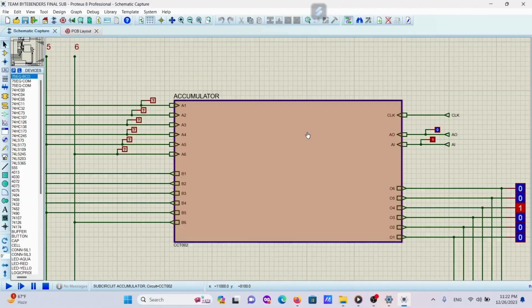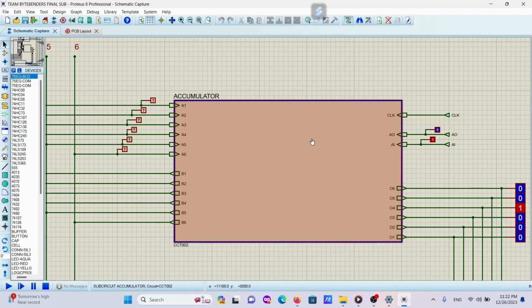Right now, let's understand the schematic design of the accumulator. The accumulator, also called the A register, should have the ability to output intermediate results after each ALU operation. So, an accumulator has its input data switches, 2 enable pins and 12 output pins. Among the 12 output pins, 6 go to the bus and 6 go to the ALU.